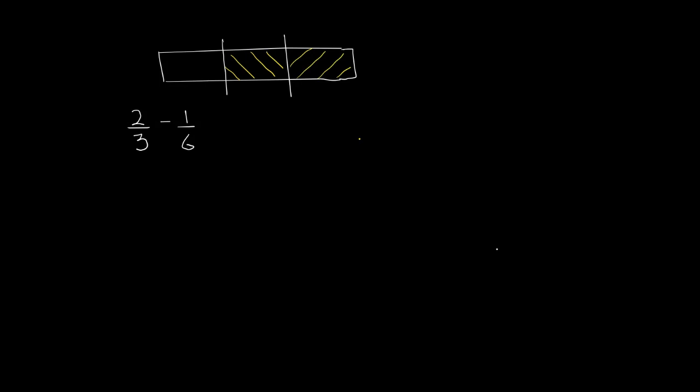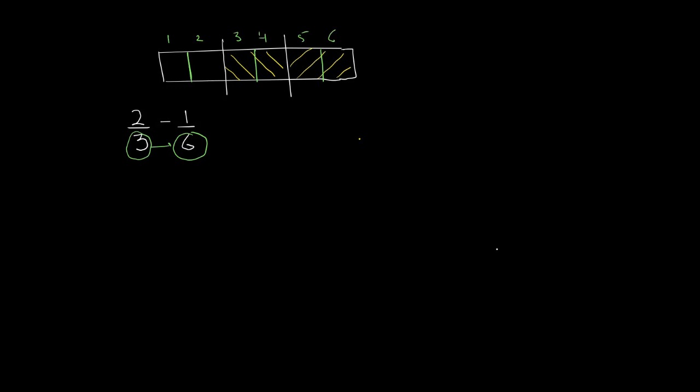Now remember, I have to convert a 3, this is my 3, to a 6. So that means I have to take each one of the 3 pieces and break them up into 2 pieces, because 3 twos are 6. So let me break up each one of my pieces into 2 equal pieces, and I'll also break up this piece into 2 equal pieces. Now note, I have 6 small green pieces, because each one of the big pieces got broken up into 2 pieces, and there were 3 pieces to begin with, so there are 6 equal pieces.